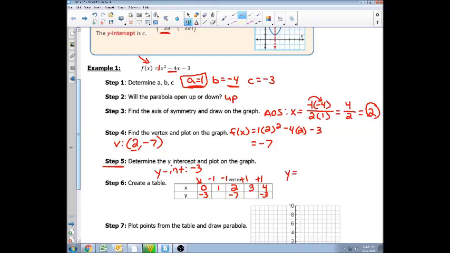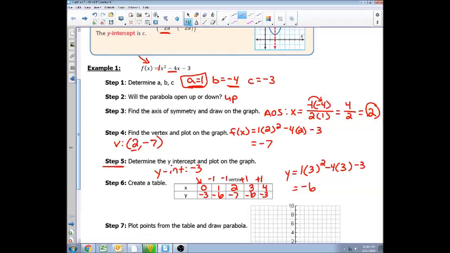So y would equal, remember to rewrite your problem with parentheses where the x goes. And I'm either going to use 1 or 3. Me personally, I always use the number to the right of my vertex, so I'm going to use 3. I could type that straight into my calculator, and the number that comes up will be -6.